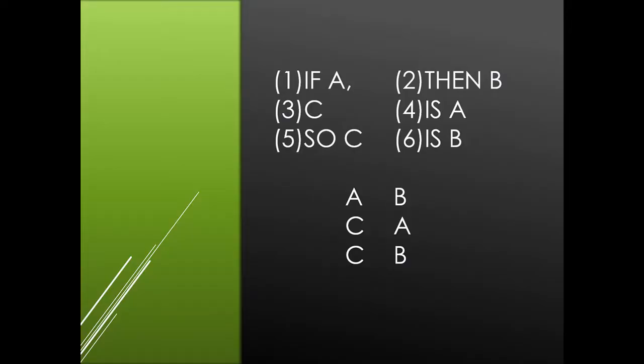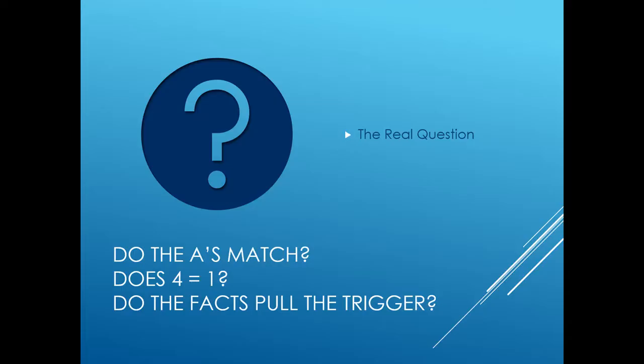So that the A's don't match. At least they don't match on their face, right? We create some kind of mismatch, we mess it up to make you have to figure out whether the facts actually pull the trigger. That's how exam questions work. We make you figure out whether the facts of position 4 pull the rule trigger at position 1.